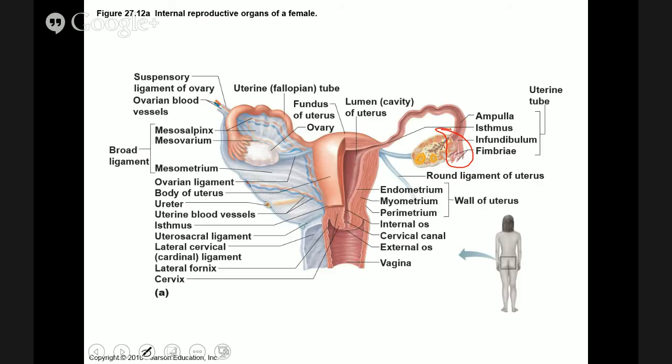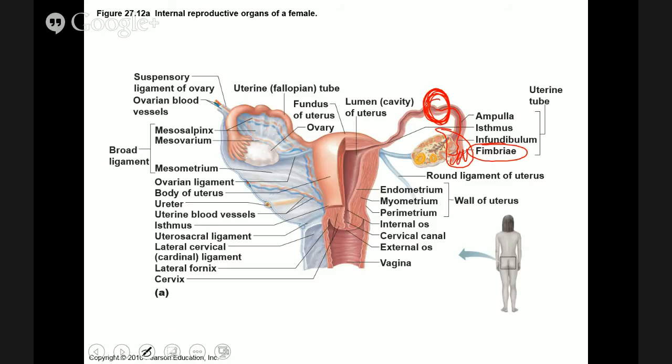The uterine tube has at its end these little finger-like projections called fimbriae, and they sort of welcome in the ovulated oocyte and bring it into itself, and then that ovulated oocyte is going to make its way along the uterine tube. It makes its way about a third of the way down, and that's about the place where fertilization will take place if the sperm are in the same area.